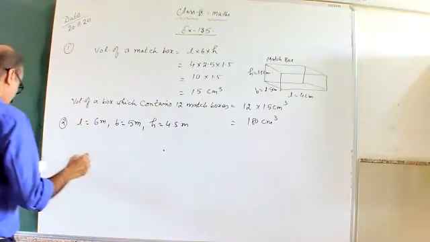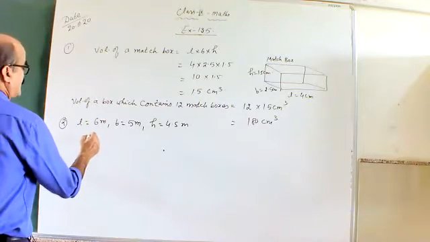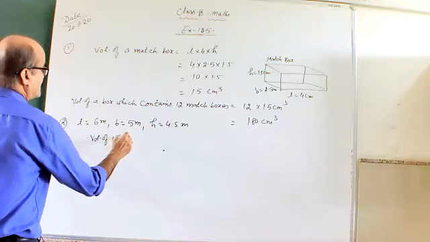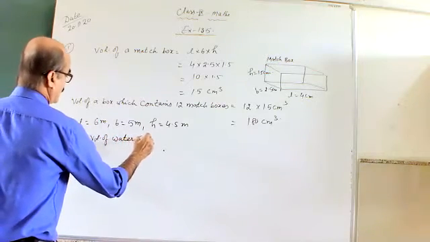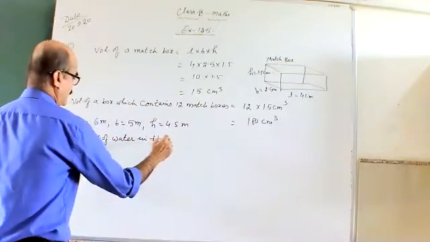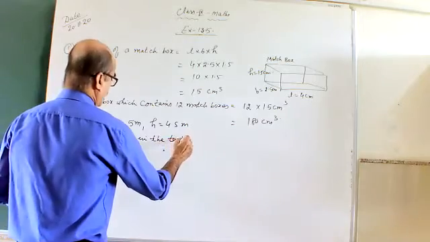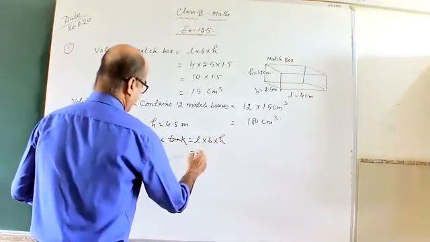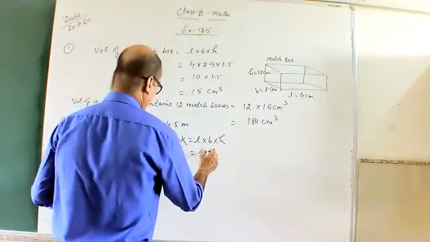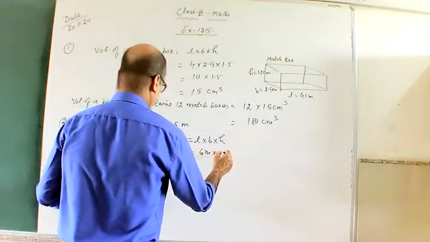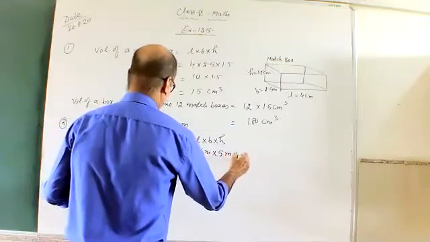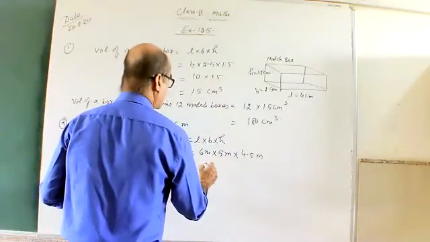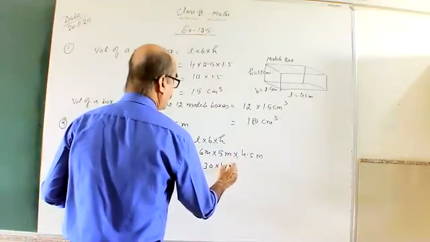So the volume of water in the tank will be equal to L into B into H. So L is 6 meter, B is 5 meter, and H is 4.5 meter. That will be equal to 6 into 5, 30, into 4.5 meter cube.